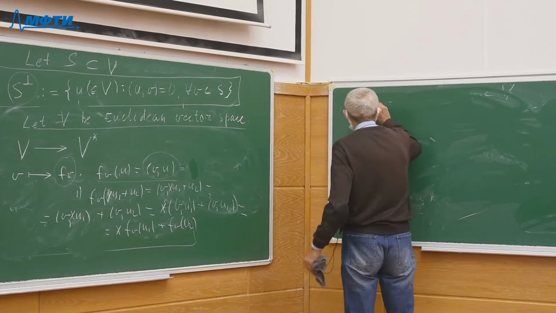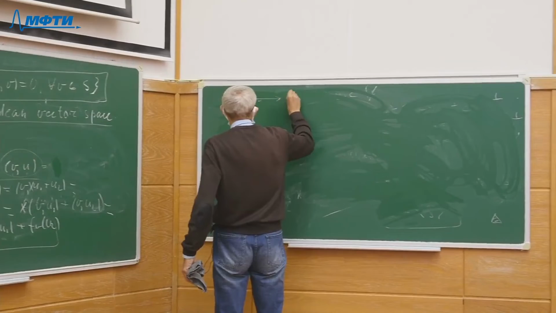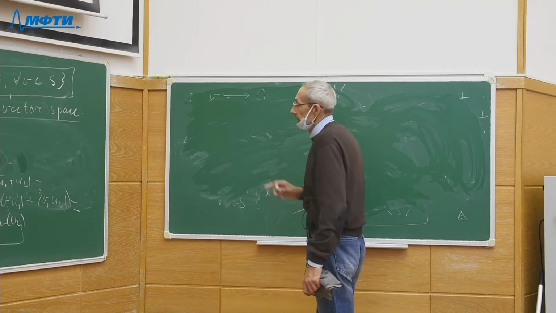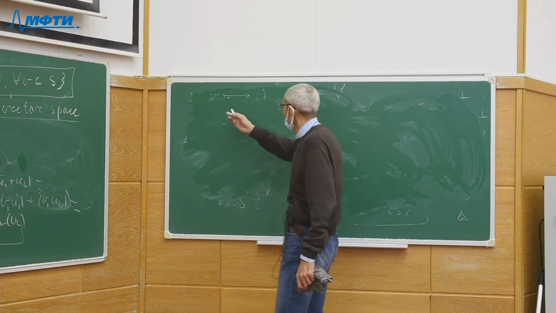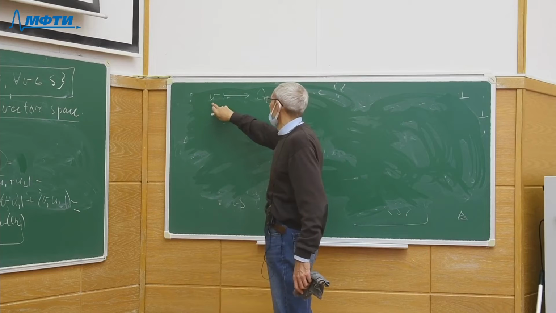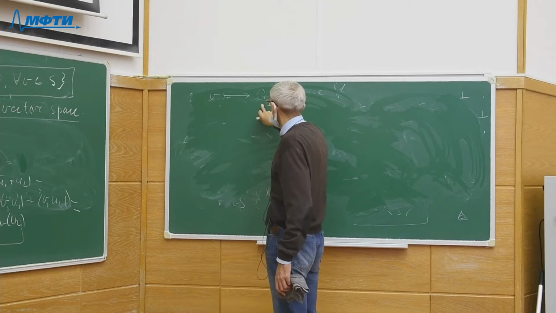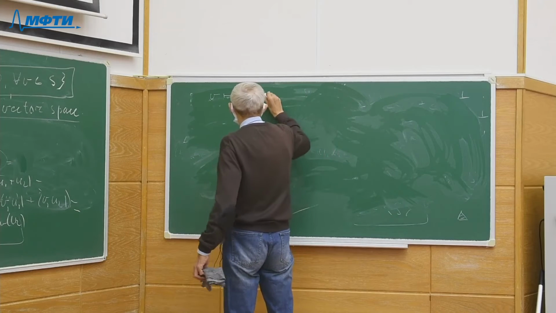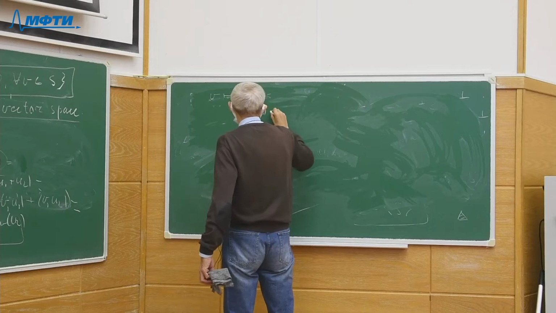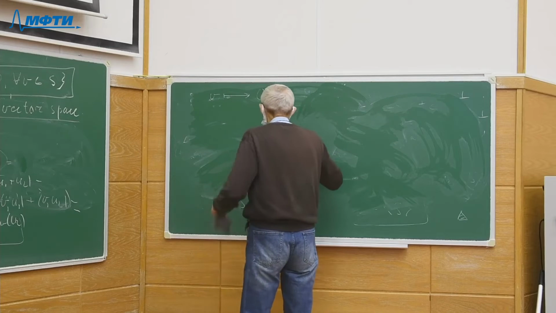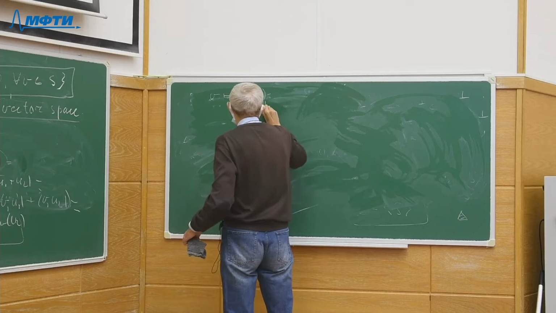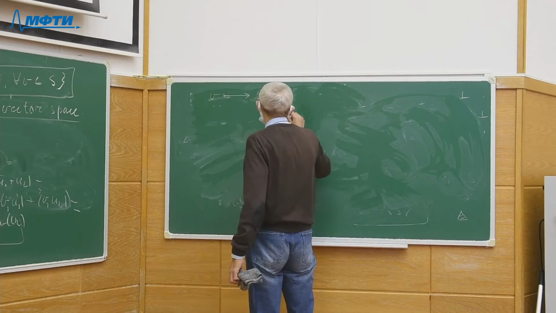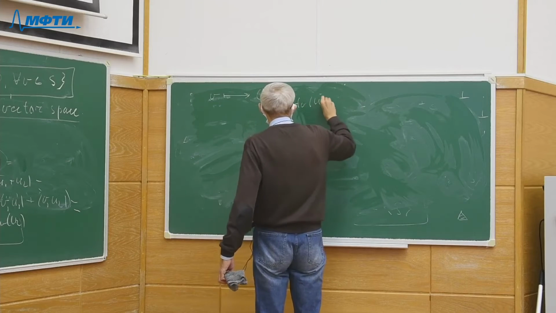We suppose that some vector v is assigned to the zero functional. It means that if we apply this functional to any vector u, we obtain 0.